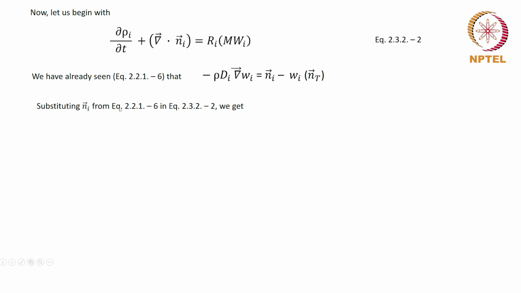Substituting Ni from this, Ni is nothing but Wi Nt minus ρ Di del Wi. This, if you substitute here, what are you going to get? Why don't you substitute and tell me? Yeah, it's a good thing to do it interactively. You'll pick up much more. Pause the video here, go back, do this, substitute for Ni from this expression onto this expression, tell me what you get. Go ahead, please.